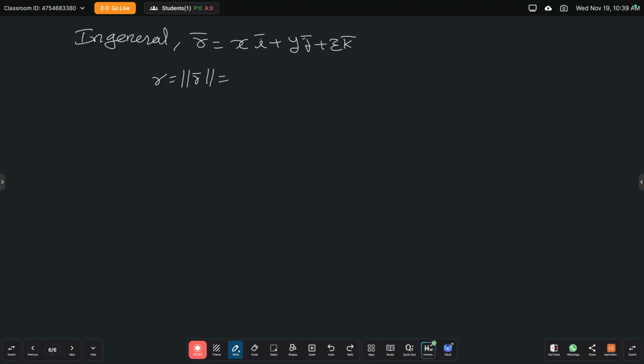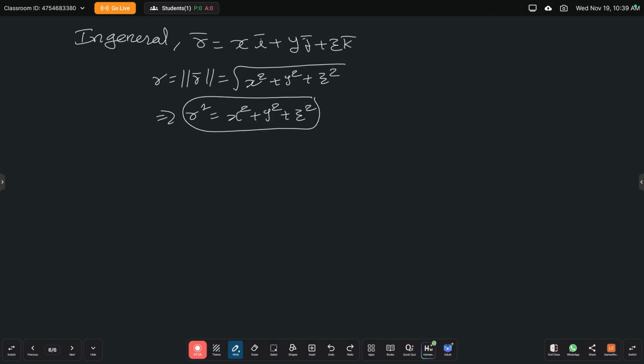So the magnitude r is equal to square root of x square plus y square plus z square. This implies r square equals x square plus y square plus z square.